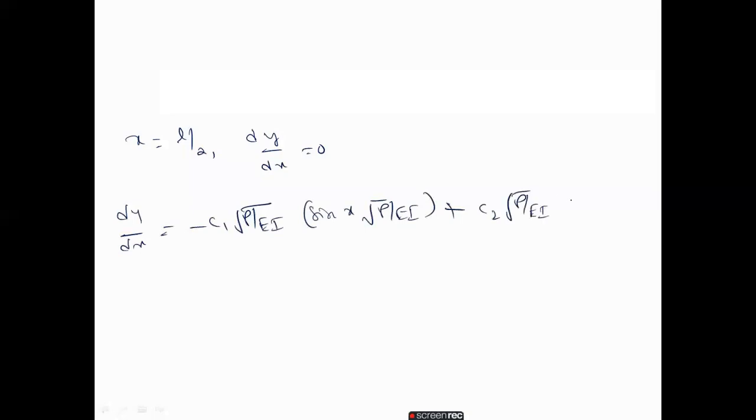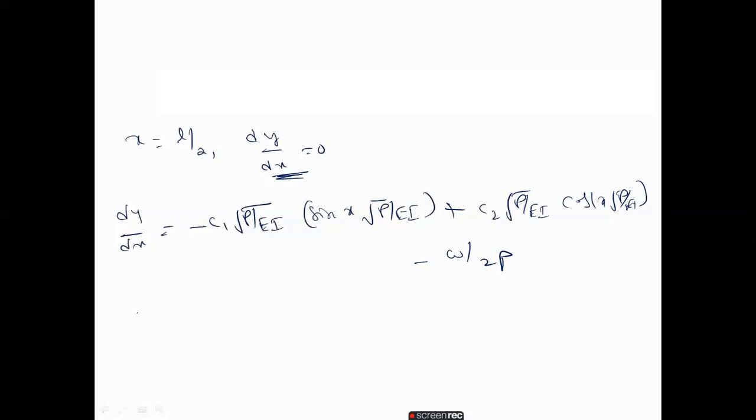I will write that equation again: dy by dx equal to minus c1 square root of P by EI into sine x of square root of P by EI, plus c2 into square root of P by EI into cos x of square root of P by EI, minus W by 2P.